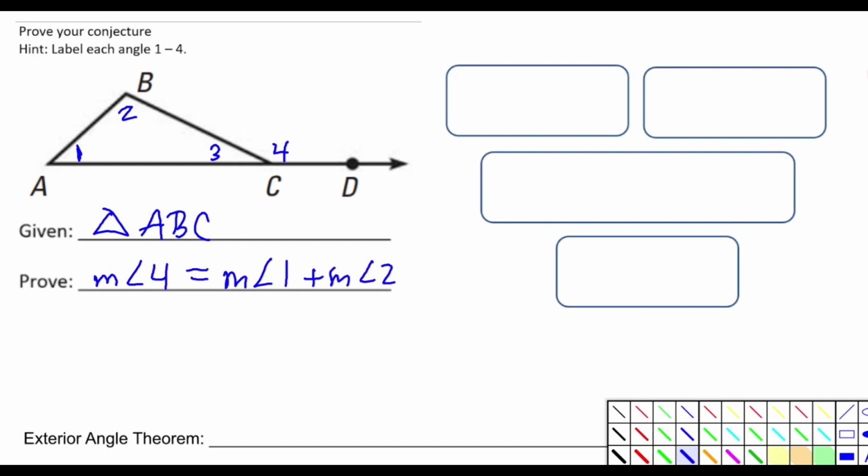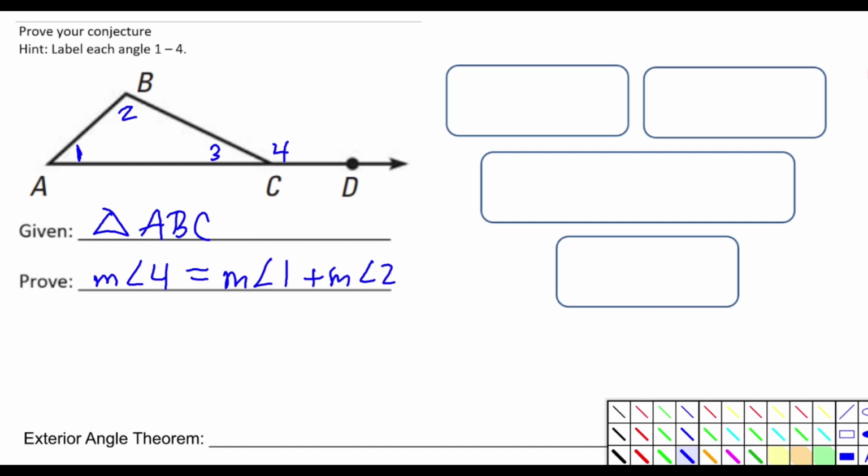So we were trying to show, like in the GeoGebra applet, that the exterior angle is made up by the angle here and this angle here. So we're trying to show that 4 is equal to 1 plus 2. So let's see if we can do that. I'm just going to get rid of those for a second.